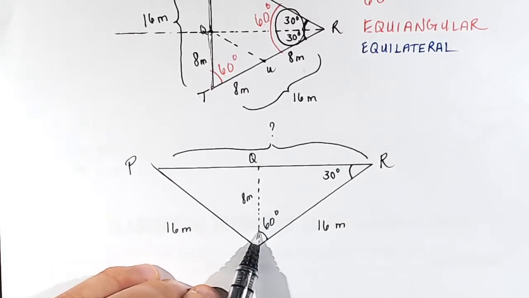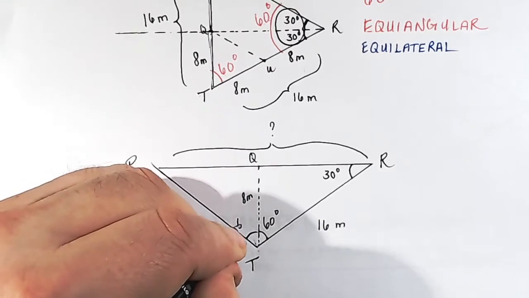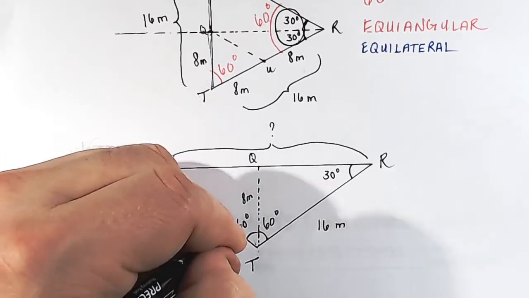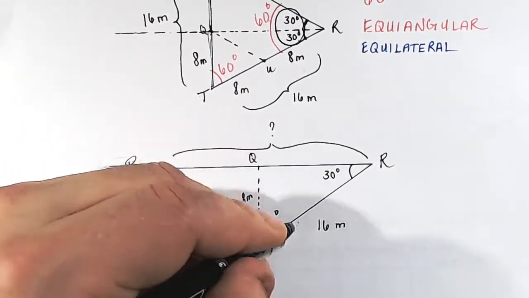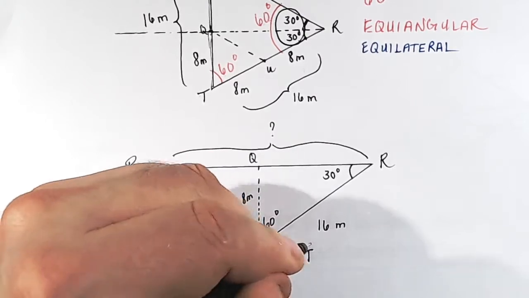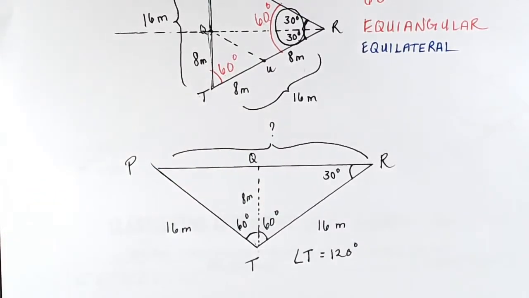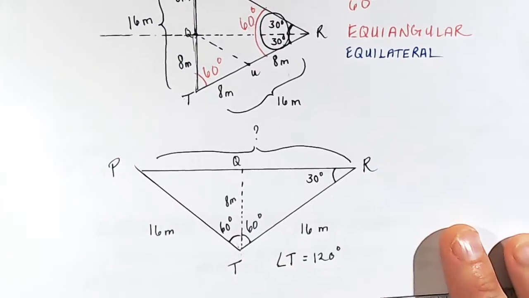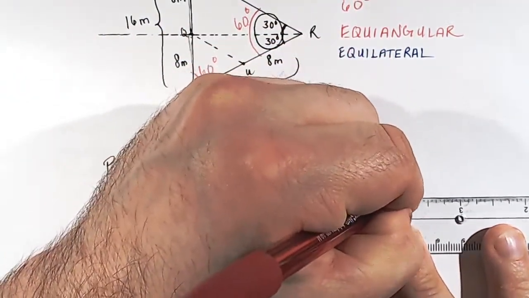So if this is 60 degrees, this is 60 degrees. Okay, and if this is 60 degrees and this is 60 degrees, then the whole angle here, angle T, is 120 degrees. And because 120 degrees is greater than 90 degrees, that's an obtuse angle. And the presence of that obtuse angle means that this is an obtuse triangle.